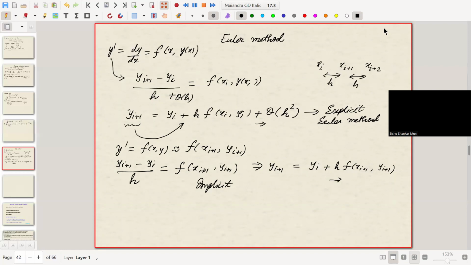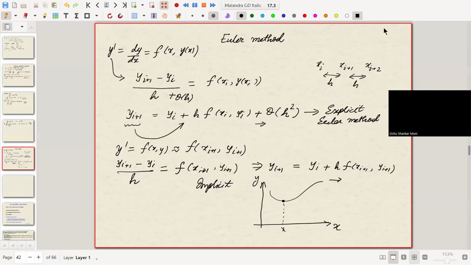Before that, I just want to give you a graphical interpretation of the Euler method. Here I can draw it. Here you have y and x, and this is suppose your analytical equation. You have this information.